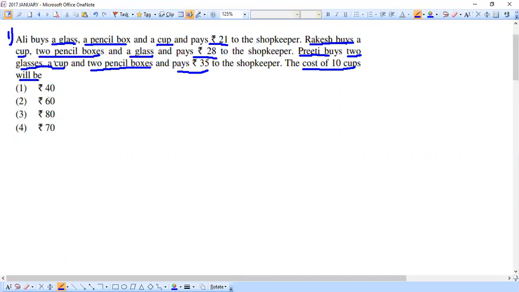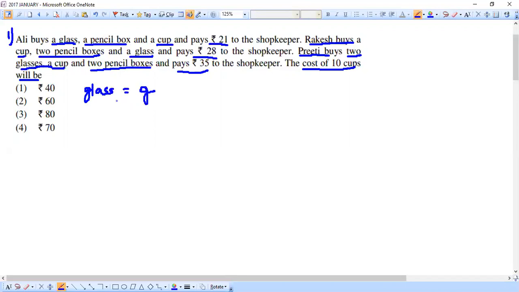So here it is given that the first person is going to buy a glass, a pencil box, and a cup. That is one from each variety, right? So let's just take the cost of one glass to be G rupees.